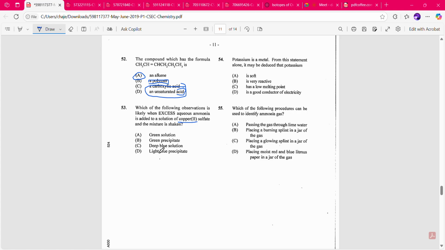Deep blue solution. Let me write out the equation just to be sure. Aqueous ammonia is actually NH4OH plus.